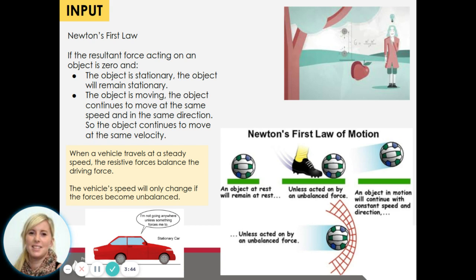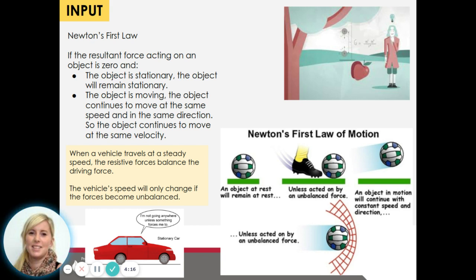So again, with a car, you can have a car that's just, say, parked outside your house and it's stationary. And as long as it's stationary, it will stay stationary. And then if you have a moving car and all of the forces acting on the moving car are balanced, so the thrust from the engine is equal to the friction in the tyres and is equal to the air resistance as you drive, then that car will carry on travelling at a constant speed and a constant velocity.